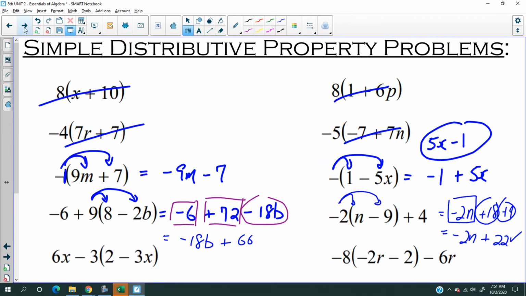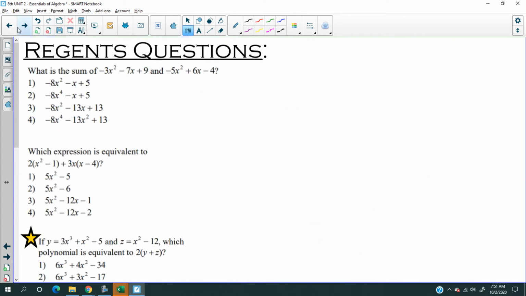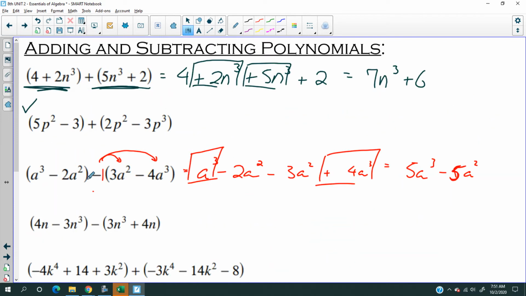Whereas with adding and subtracting polynomials, you have to actually subtract them as an entire expression. So it's a slightly different ordeal than we're normally used to.